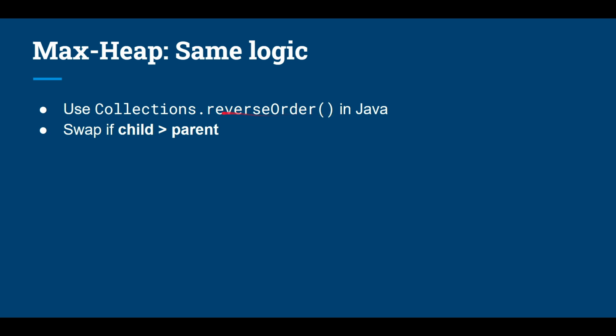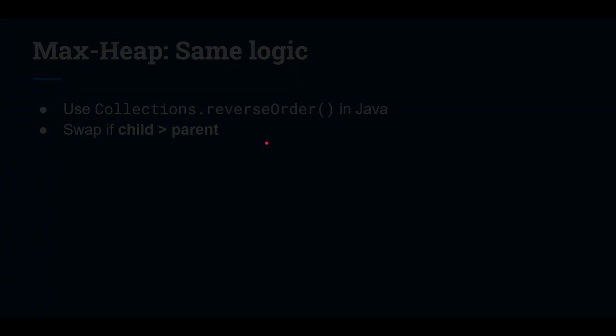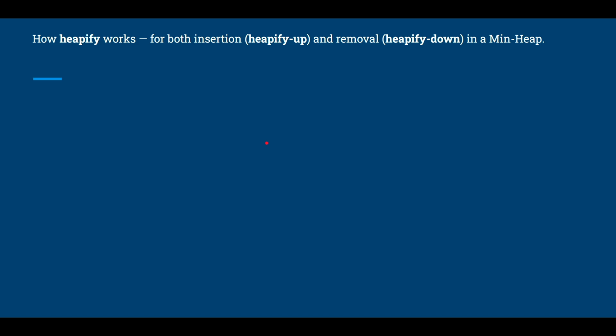In Java, just use Collections.reverseOrder and it will work for you, right? If you want to implement the logic yourself, you just check whether children should be greater than the parent, and swap it.